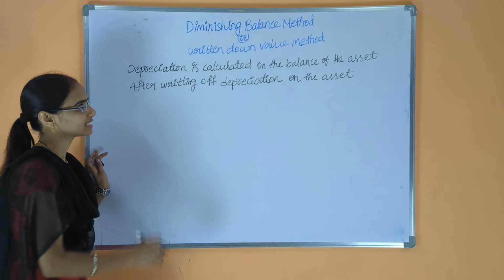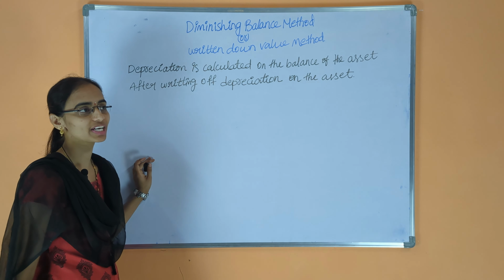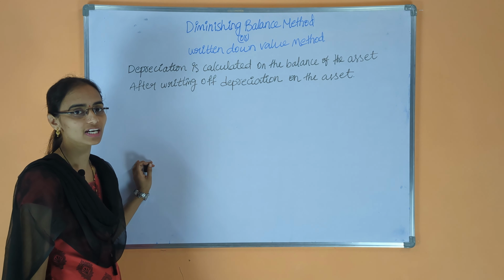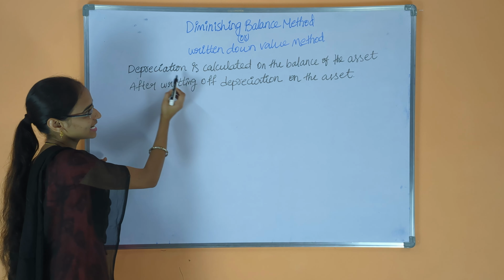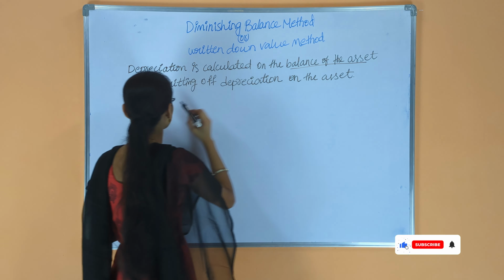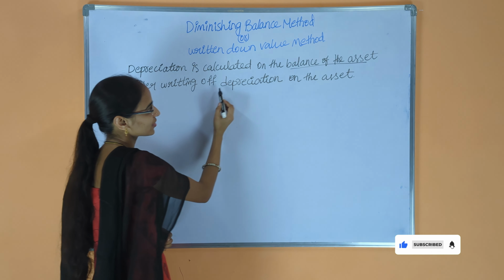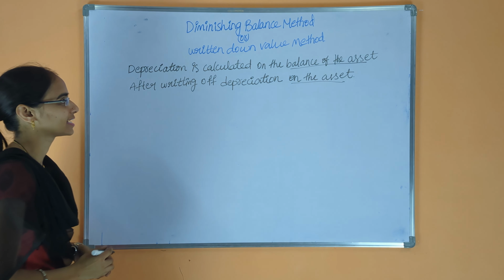Under this diminishing balance method, in the first year depreciation is charged on the original cost of the asset. Depreciation is calculated on the balance of the asset after writing off the depreciation on the asset. So what is the meaning here?